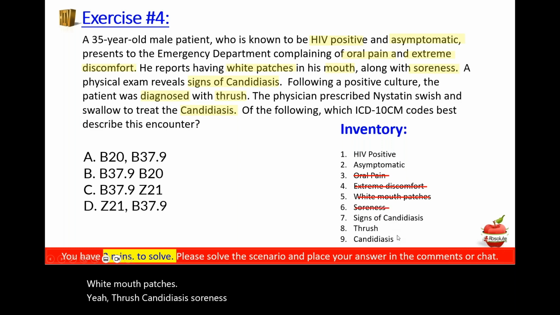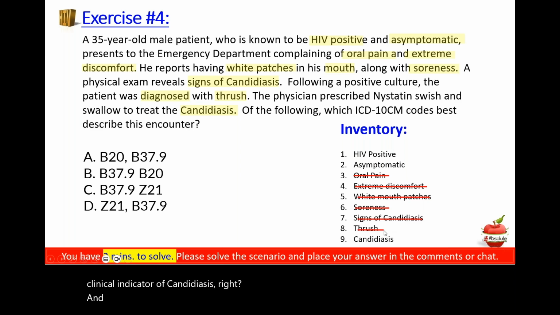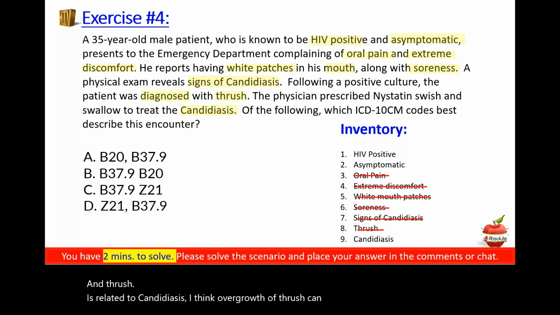Soreness, thrush, candidiasis. Signs of candidiasis is a clinical indicator of candidiasis, right? And thrush is related to candidiasis. I think overgrowth of thrush can cause candidiasis.